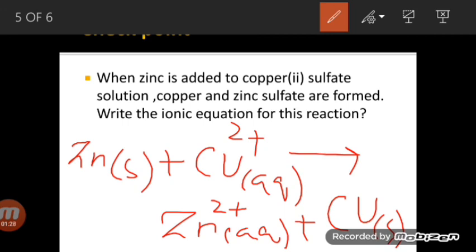So this is how we are going to write the equation. This is the ionic equation, and it is the balanced ionic equation. I am writing it at the bottom after this arrow because there is insufficient space, but you have to write it in sequence in one line.